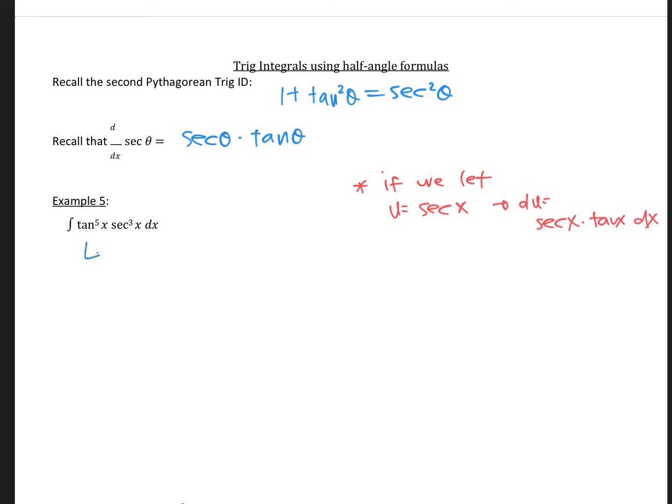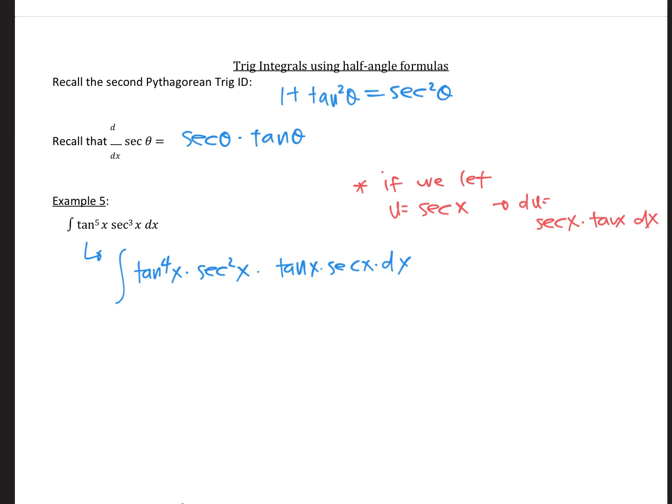So this is what I'm going to do. I rewrite this in terms of tangent to the fourth, secant squared, tangent secant dx. Oh my gosh, it's kind of long. Why did I have to do it like so? Tangent to the fifth can be split into tangent to the fourth and tangent x, and secant cubed is secant squared and secant. The reason I want it this way is because if I let secant be my u, then this will be my du dx.